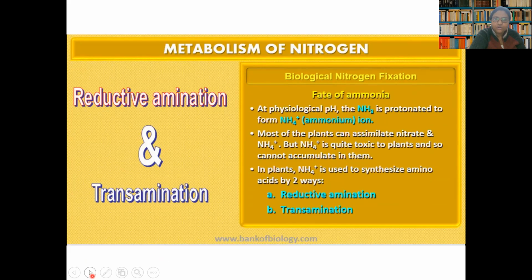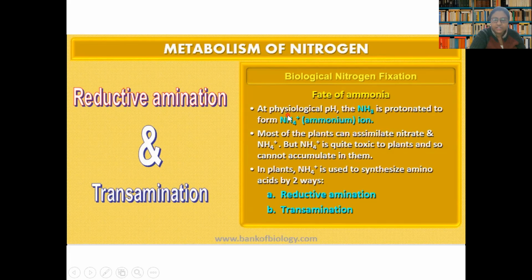scavenger of oxygen. Now this ammonia is protonated to form ammonium. This ammonium ion can react with some kind of non-metal part to form compounds, for example ammonium chloride, ammonium nitrate.